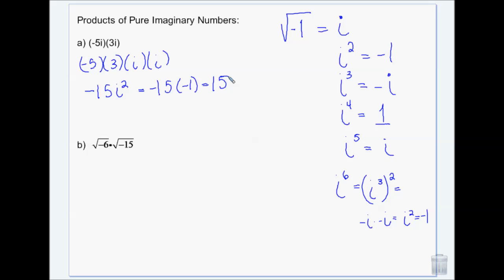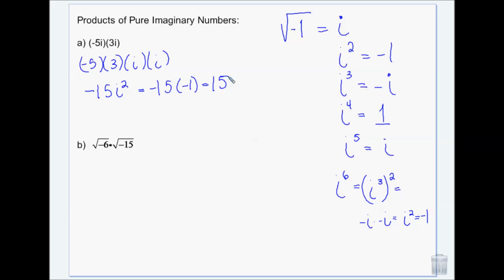Now do you have to write all that? No. But I just wanted you to see exactly what's happening. So you multiply the number portions, you multiply the imaginary portions, and then figure out what your i is. If it's 2, it's going to be negative 1. If it's 3, it's going to be negative i, etc. And then go from there.